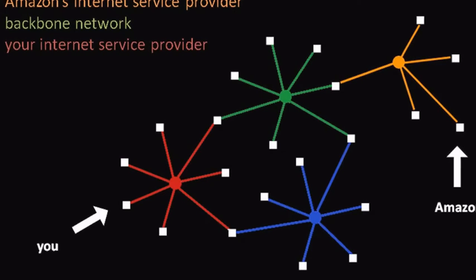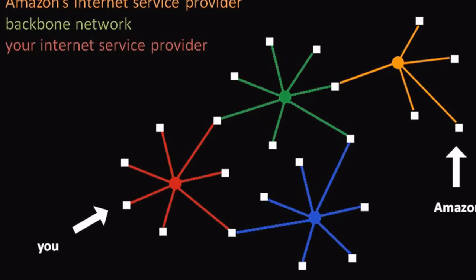In any case, imagine a scenario where you go onto the internet to order something from Amazon.com. Amazon is an online retailer. For such a transaction to take place, there of course has to be communication between your computer and a computer belonging to Amazon.